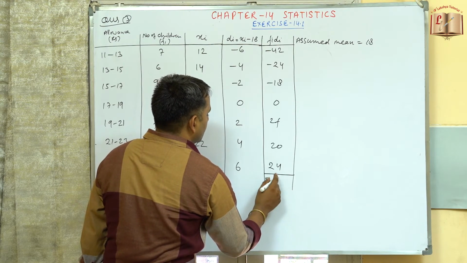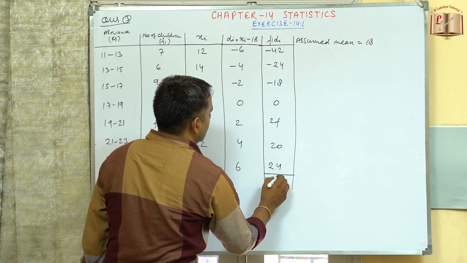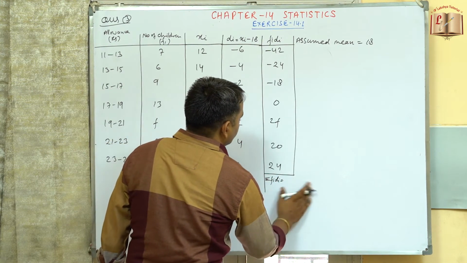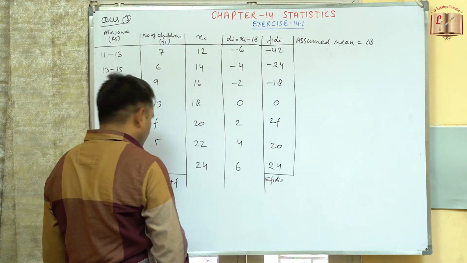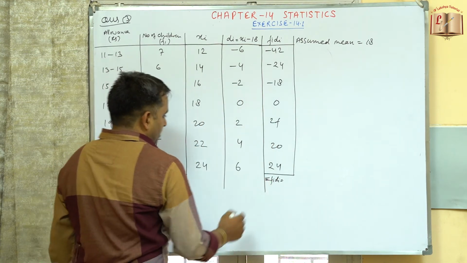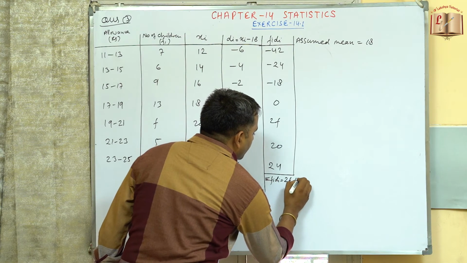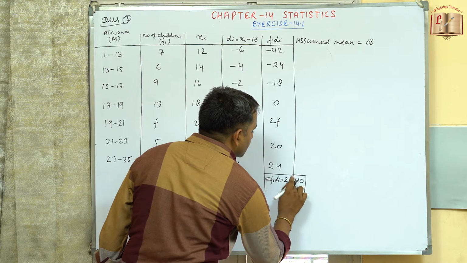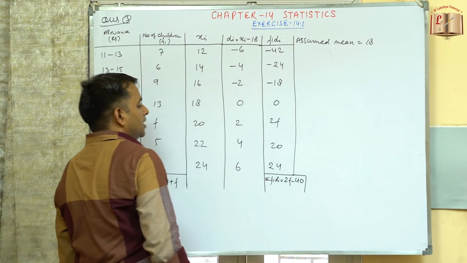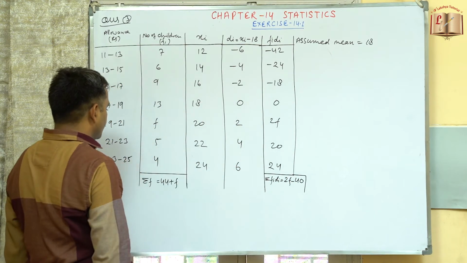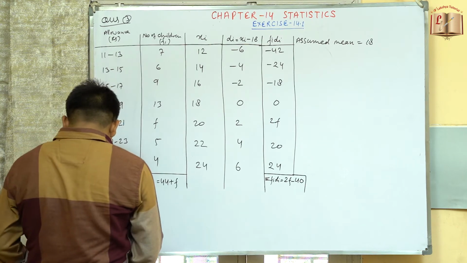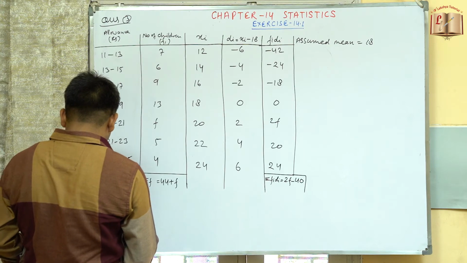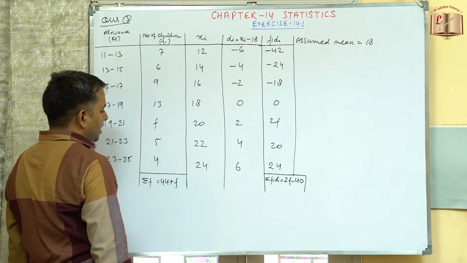Now we can calculate sigma fi di. We will make the sum of all this. So this will be 2f minus 40. So 2f minus 40 is sigma fi di. Now the mean is already given to us, mean is 18.